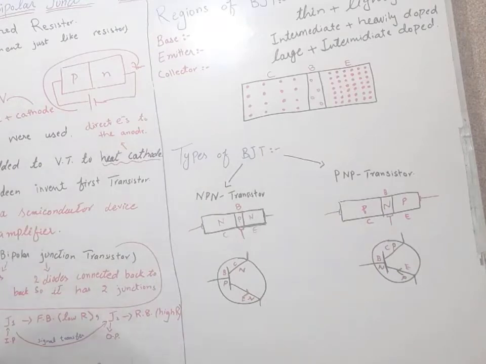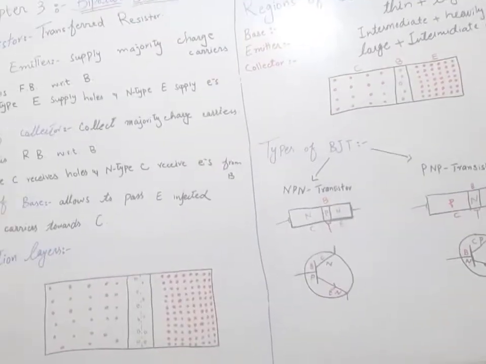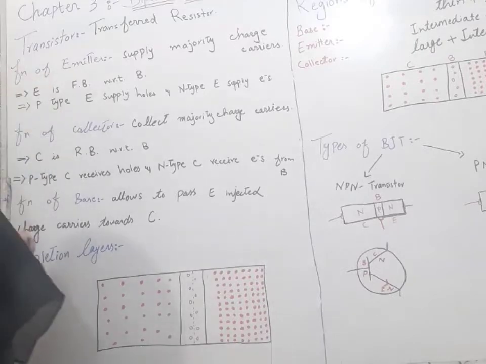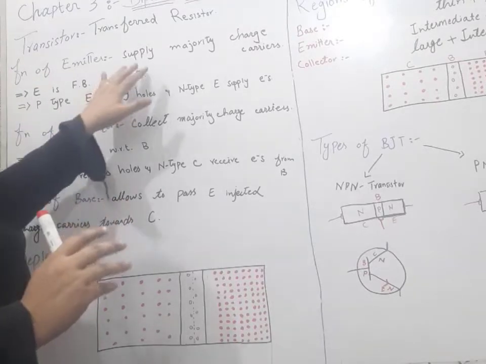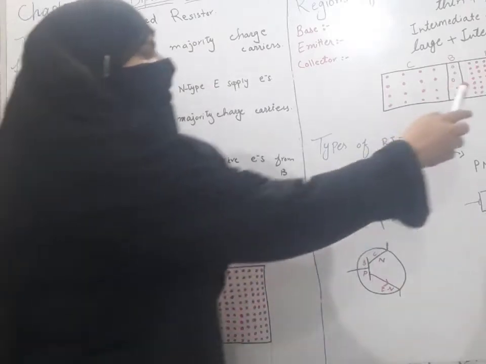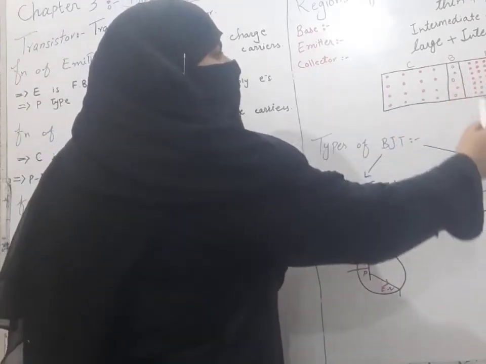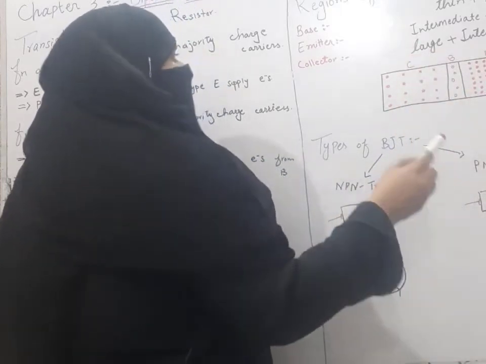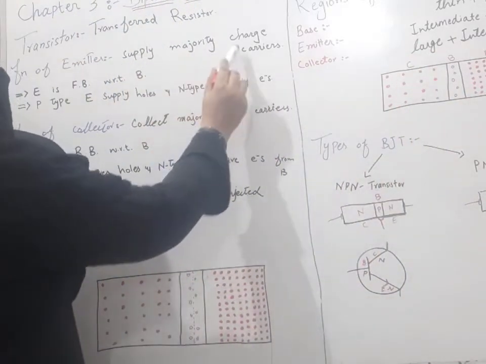Now we will discuss the function of the collector, the function of the base and the function of the emitter. Function of emitter: the function of the emitter is to supply the majority charge carriers. As the emitter is heavily doped, it has more electrons or more holes, so it will supply the majority charge carriers.